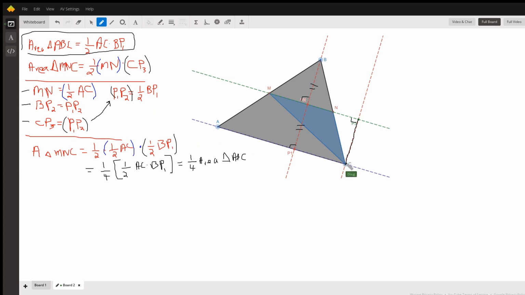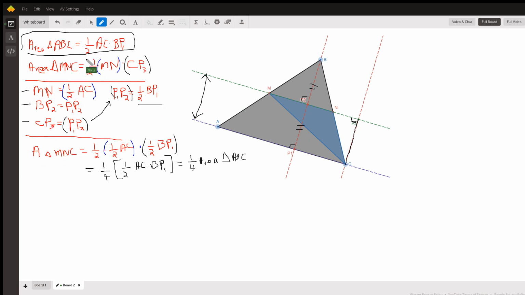And CP3, this altitude right here, is equal to P1P2 because parallel lines are everywhere equidistant. And that allows us to conclude that P1P2 is 1/2 of BP1. Hopefully you can see that.